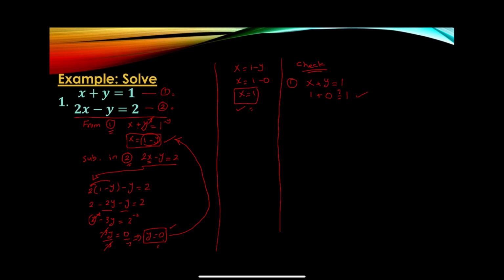For the second equation, 2x minus y is equal to 2. Instead of x, I write 1. So it's 2 times 1 minus, instead of y, I write 0. Is this equal to 2? 2 times 1 is 2 minus 0 is 2. It's equal to 2. So our solution is true.